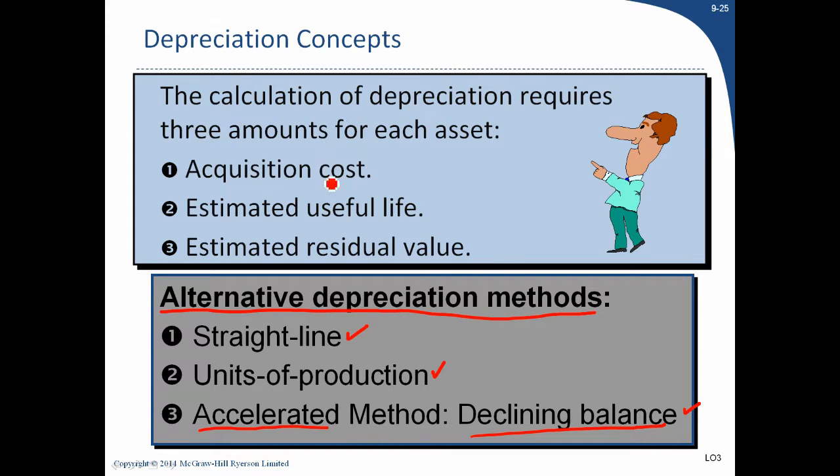We also need one more input. For now, all we've seen is the acquisition cost. So you bought the equipment for 10 grand, and the estimated useful life, meaning it's going to last for 3 years. We also now need to estimate what's called the residual value. Residual just means left over, okay? And the theory here is assets never really depreciate to zero.